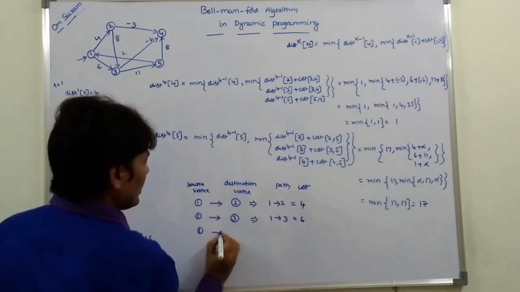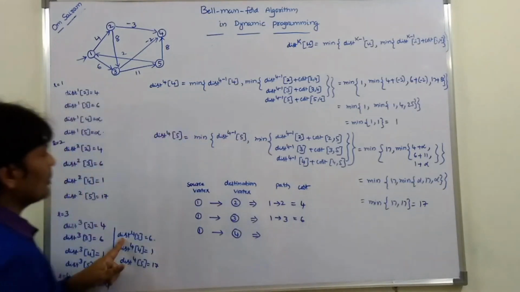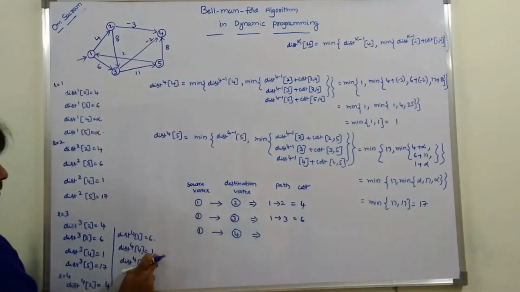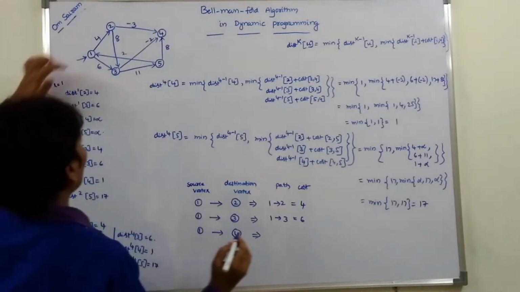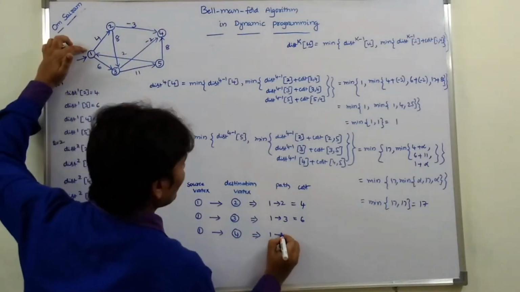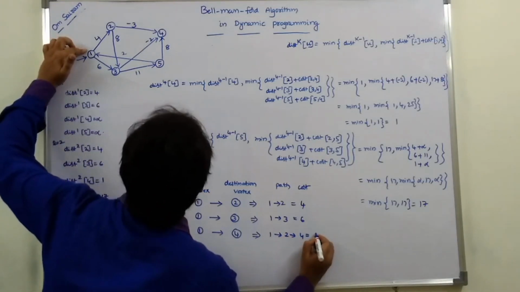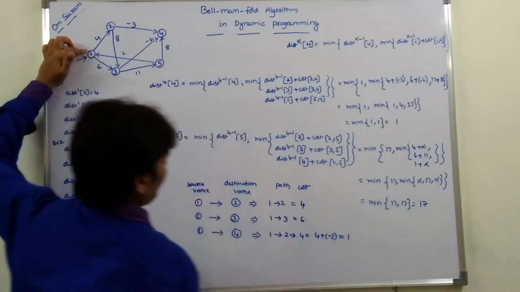Next, source vertex 1 to destination vertex 4. What is the path from 1 to 4, and what is the value? The cost value is 1, that is 4 minus 3, which is 1. The path is 1, 2, 4, so 4 plus minus 3 is equal to 1.